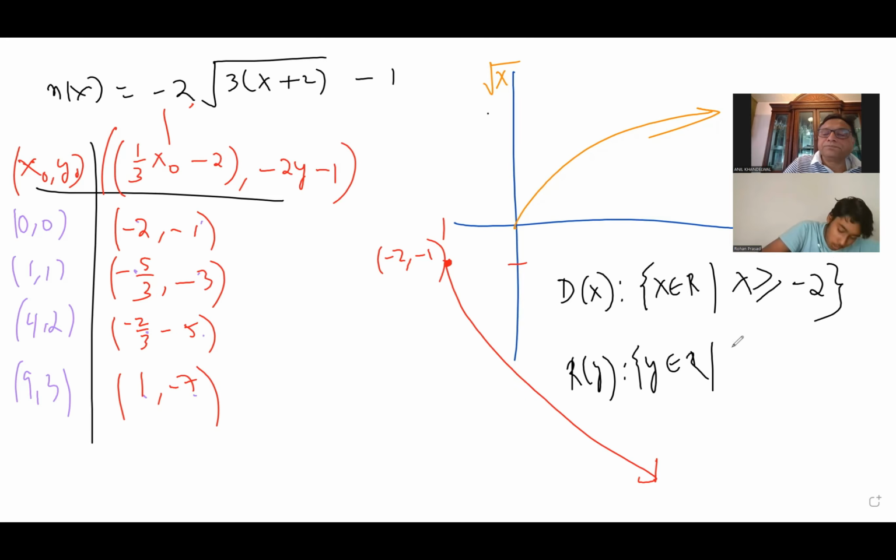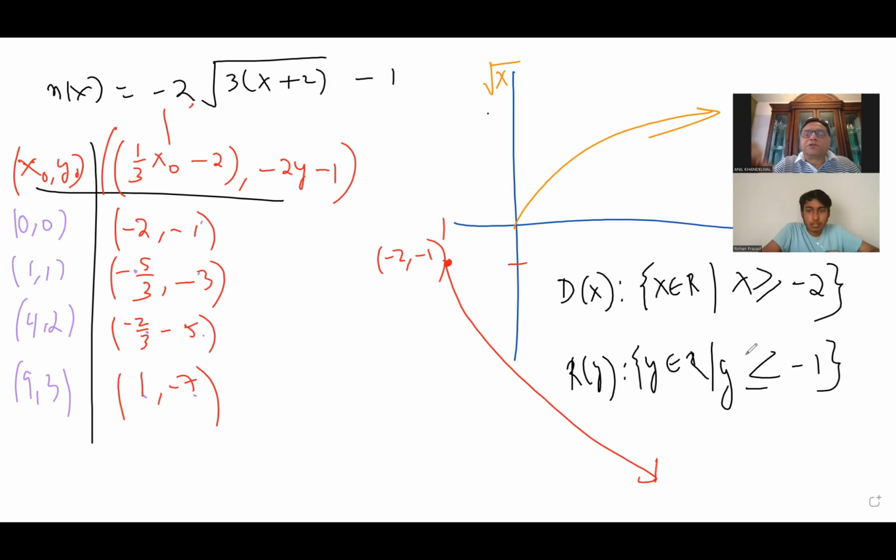Correct. So the range is y of real numbers where y is, since it is 1 unit down, y is less than or equal to negative 1. Correct.